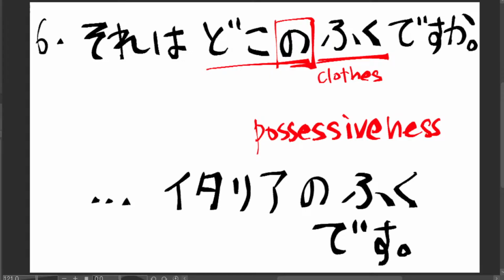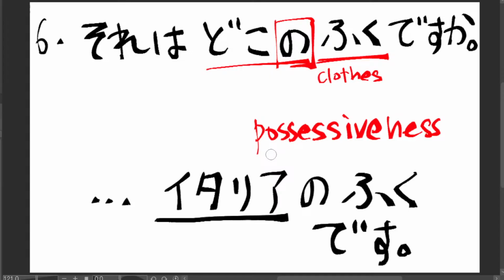So if it comes from other country, you can just replace Italia with another country's name. Okay, マレーシアの服です。中国の服です。フランスの服です。ドイツの服です。 You can just put the country's name here, so it will mean that the thing, whether it is a bag or some clothing or shoes, it comes from that country.